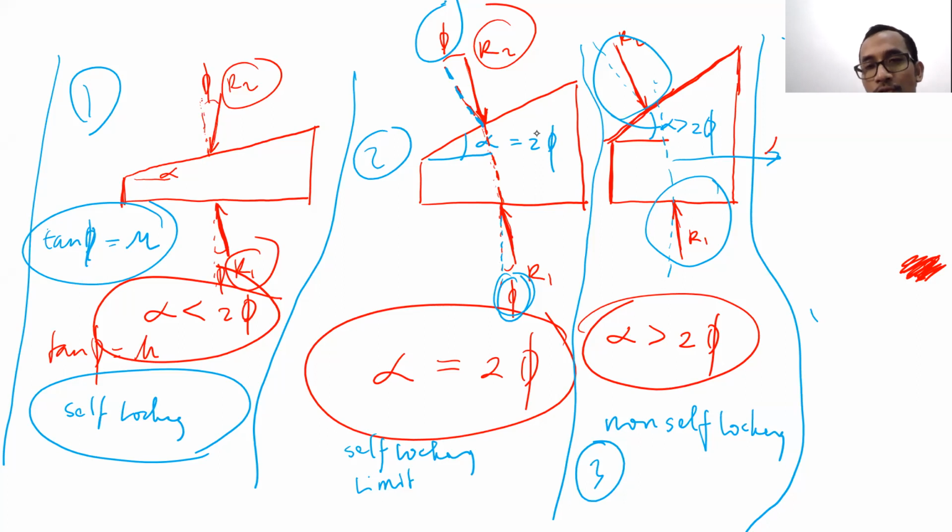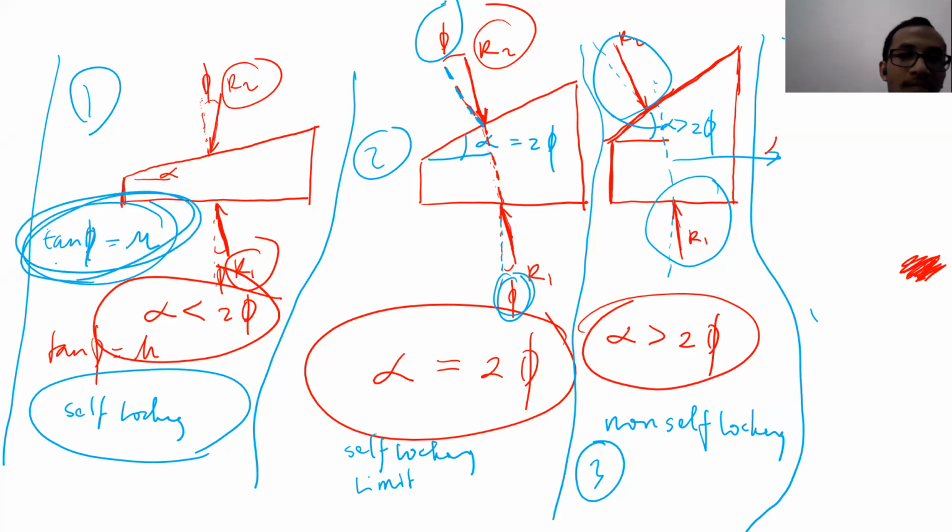The friction force makes it not 90 degrees to the surface. It will have an angle phi to the surface. Tangent phi is equal to mu, depending on the friction coefficient that you use. If you use mu s, from stationary, then tangent phi is equal to mu s. If it's from a moving condition, then tangent phi is equal to mu k. You get it?